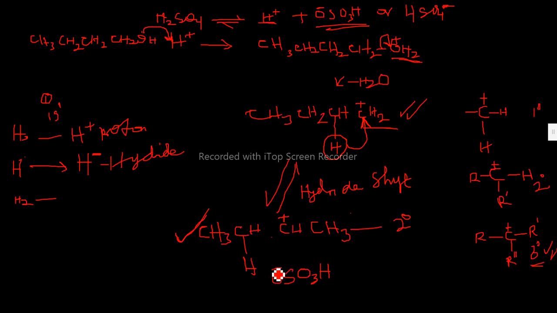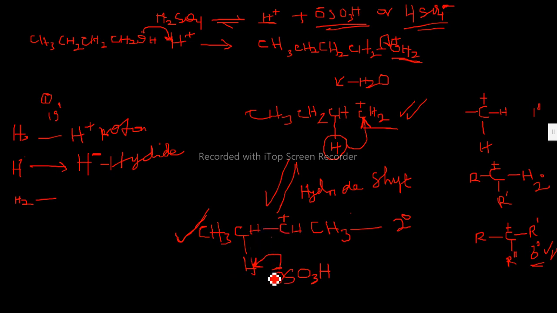I feel comfortable with this, but if you feel comfortable with the other, it's okay. So this one is going to come and take away this hydrogen. The arrow must show where it is coming from and where it's going to. And there is a single bond here.